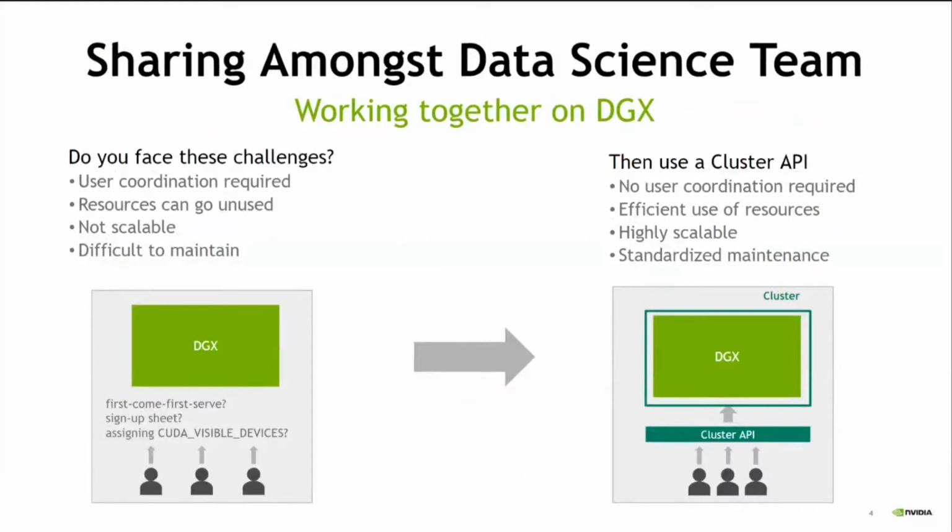If you have a cluster type of API, then you can use that, and that will coordinate your reservation of the resources in the system. On the other hand, if you don't have that, you might resort to crude reservation approaches. It could be just first come, first served. You could have a sign-up sheet. You might try to use some isolation mechanisms; there are a few knobs to do that with CUDA visible devices and such.